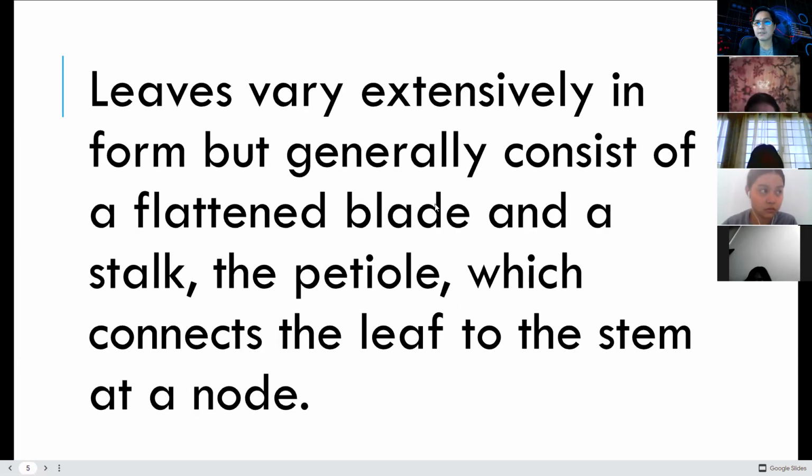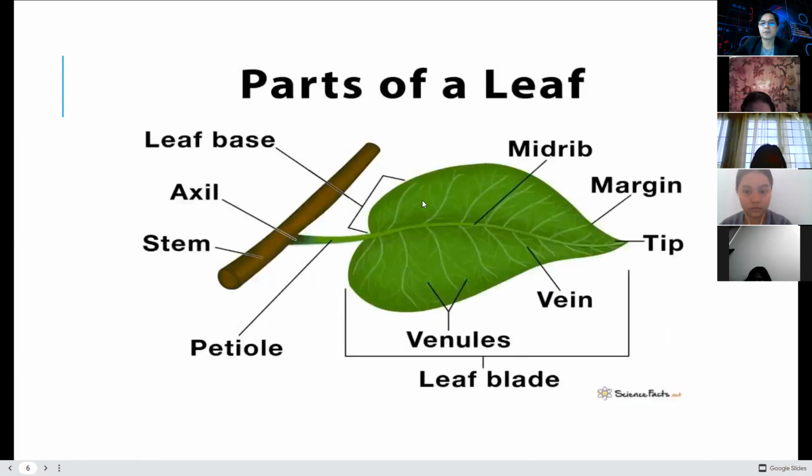Leaves vary extensively in form, but generally consist of a flattened blade. It has a blade and a stalk, the petiole, which connects the leaf to the stem, and a node. This is the structure of your leaf. This is the petiole, which holds the leaf.